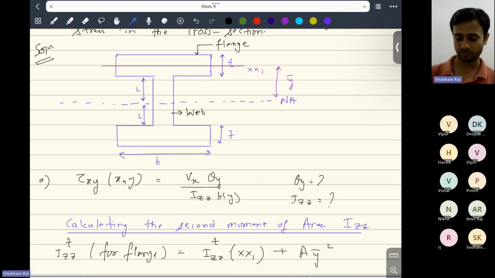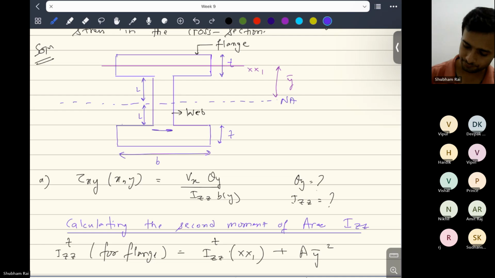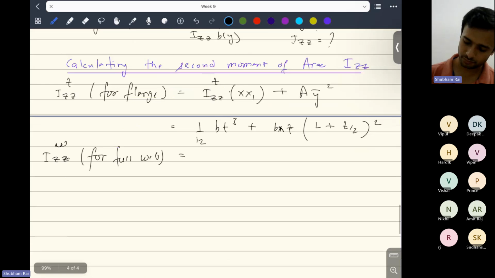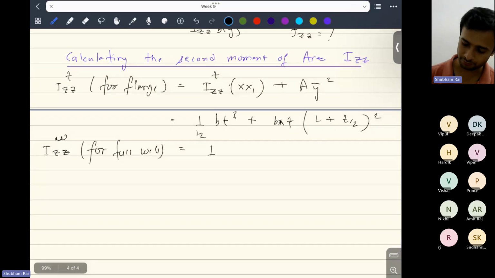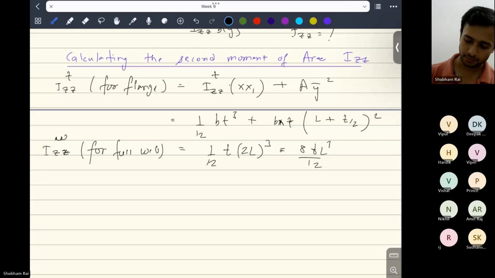So it will be 1 by 12 times 2L to the whole cube times this, and the thickness of the web is also T. So it will be 1 by 12 thickness times 2L to the whole cube. So you will get 8 T L cube by 12.